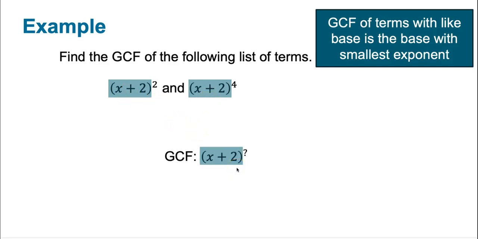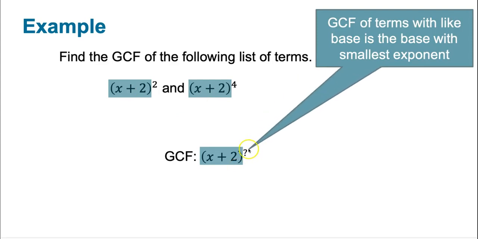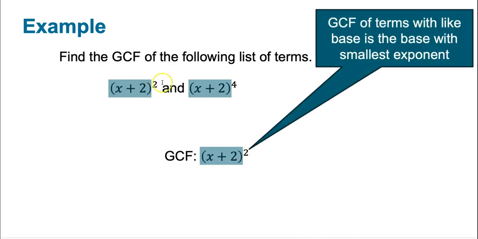But what's the exponent? The exponent is the smallest exponent from the list on that like base, which in this case is 2. Therefore, the exponent for the GCF is 2. So the GCF is that like base, x plus 2, raised to the second power, since that's the smallest exponent. The base for this example was a little bit more complicated than the base we saw in a previous example, but that does not change the concept.